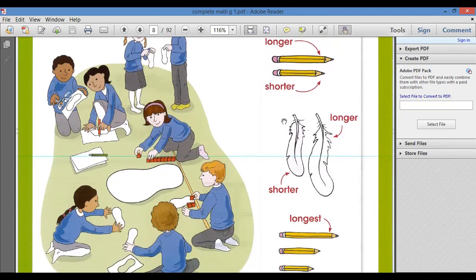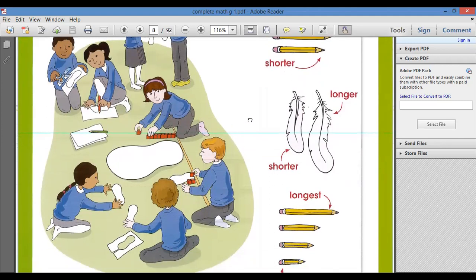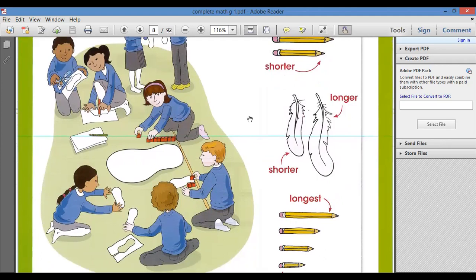The thing which is long, we call it longer. The thing which is shorter or smaller, we say it is shorter than the other. It's an easy topic that we are going to study.